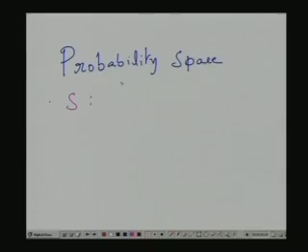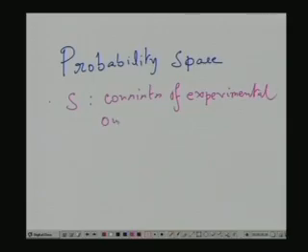Okay, so this set S consists of experimental outcomes. I will explain. Meaning S is something like E1, E2, and so on.